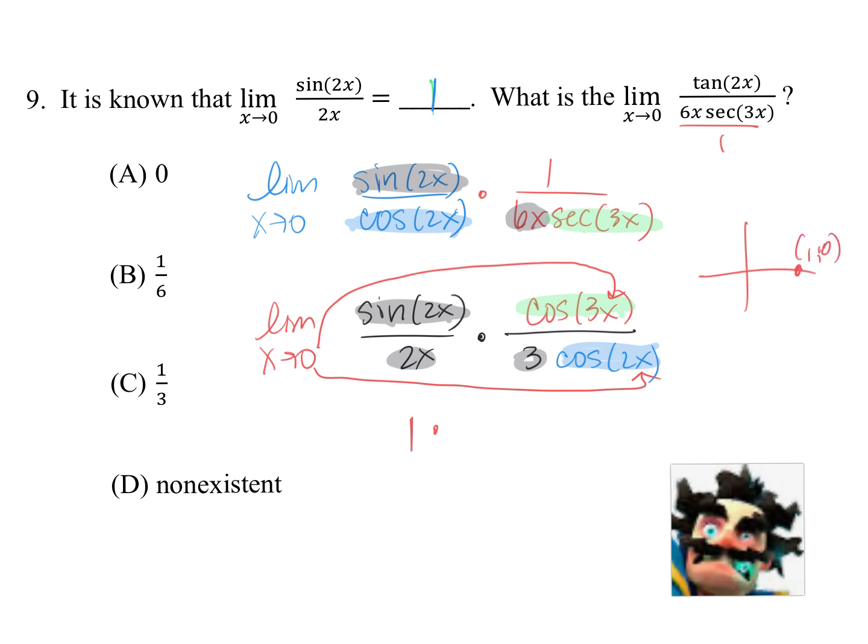Right here's 1 comma 0. Okay, that's so sloppy. If this is 0, the cosine is the x, which is the 1. So cosine at 0 here would get me a 1 over 3 times, what's cosine of 0 here? 1 again. Final answer? Yeah.